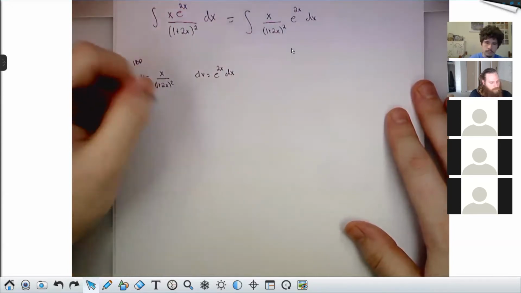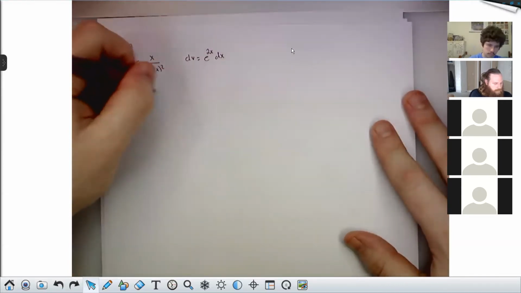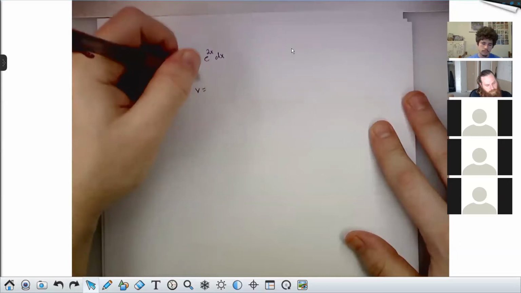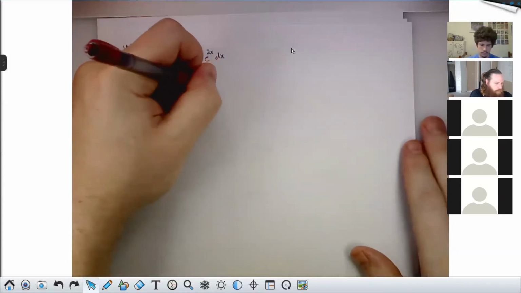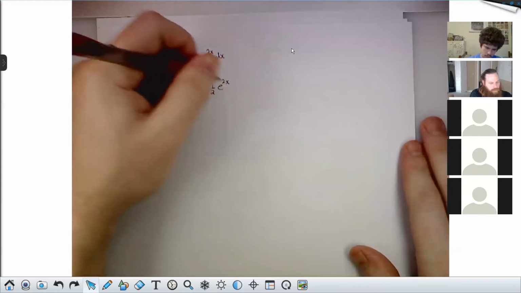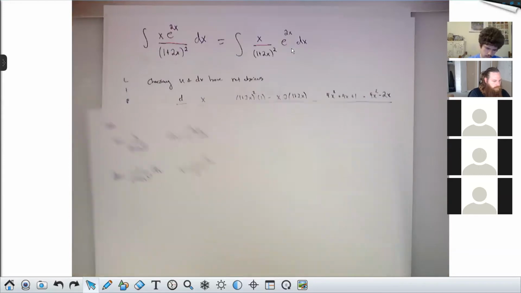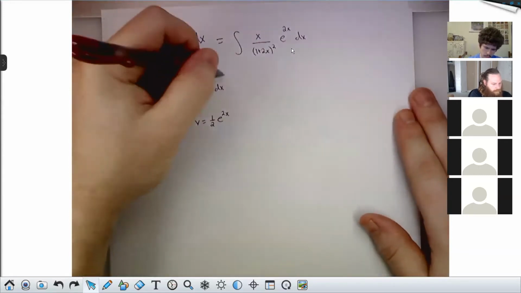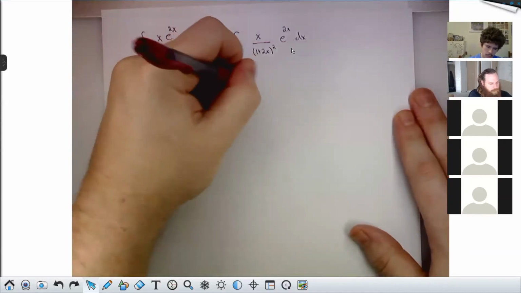Then du, we calculated the derivative here as 1 over 1 plus 2x cubed dx. And v here, the antiderivative of e to the 2x is 1/2 e to the 2x. So this is what I would try at first. And then following my IBP formula, we'll see if we get something better or worse.